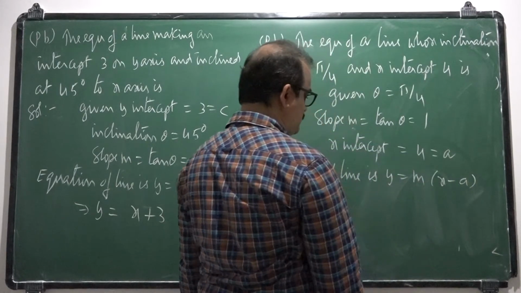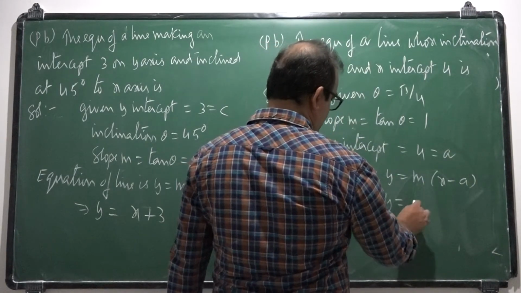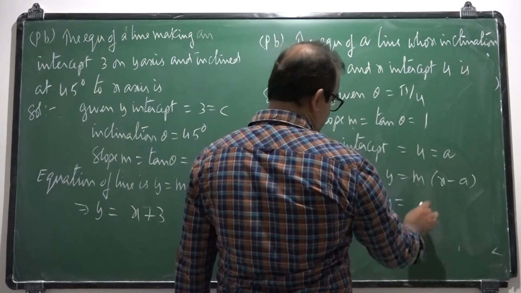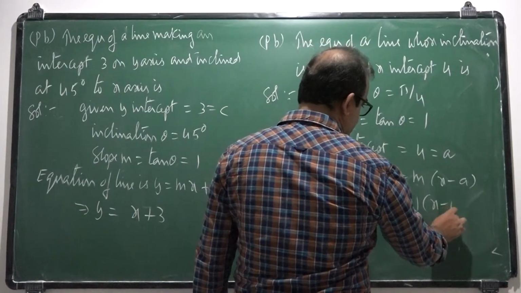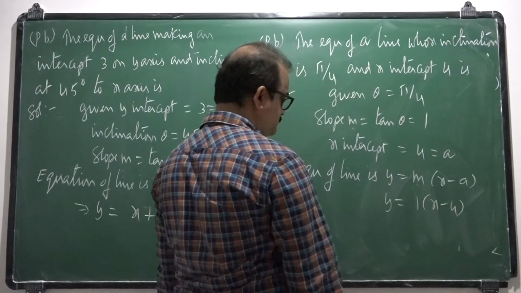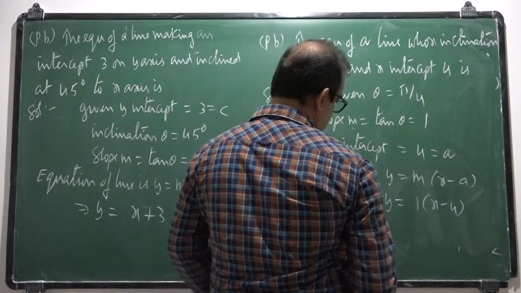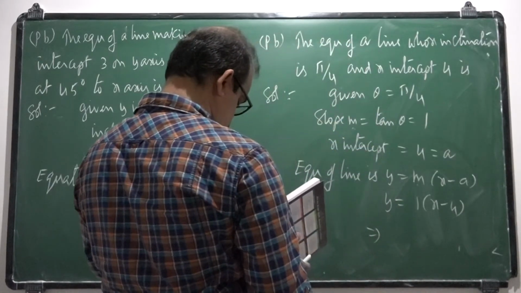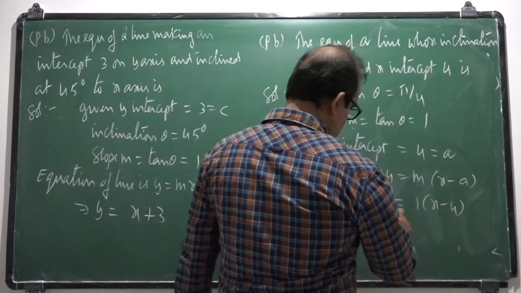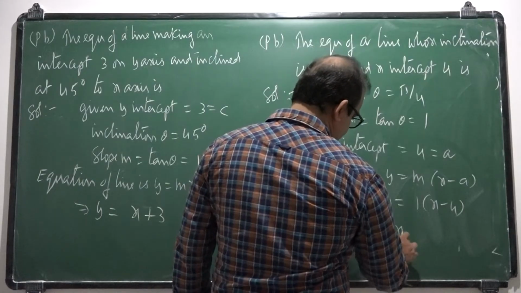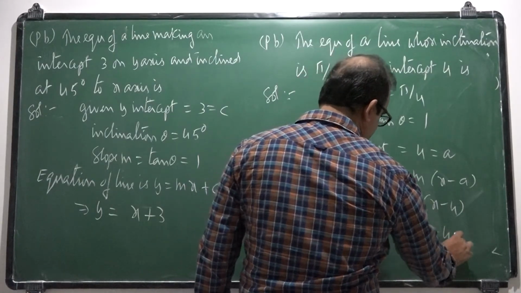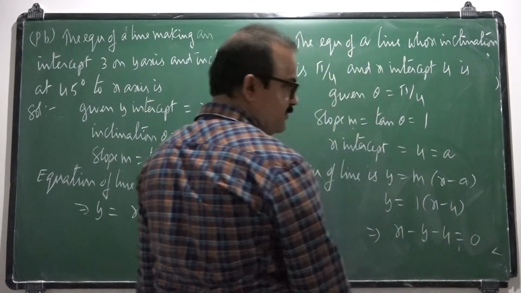So a is equal to 4. Y is equal to 1 into x minus 4. Or write it as x minus y minus 4 is equal to 0.